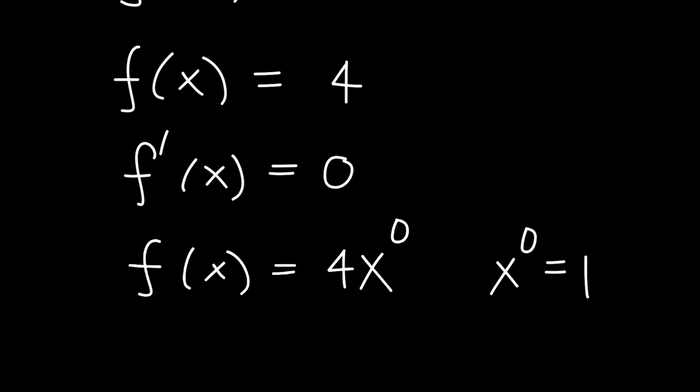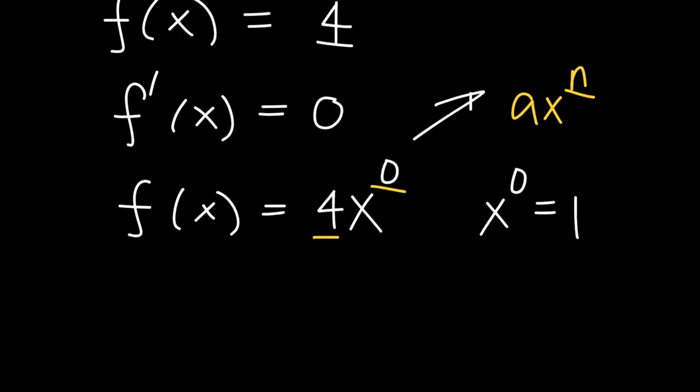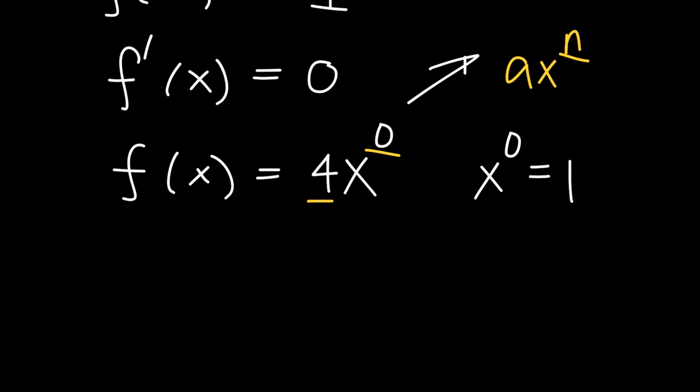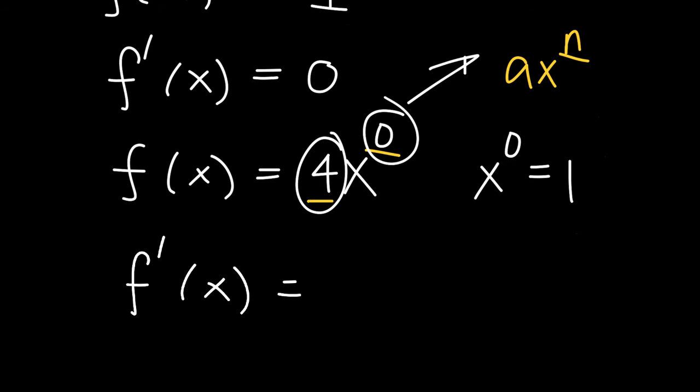So when you express the 4 as 4x to the 0, you can see it now in the form of ax to the n, where a is 4 and n is 0. So when you apply the power rule, the derivative will be 4 times 0, which is our a times n, that is 0, x to the 0 minus 1.